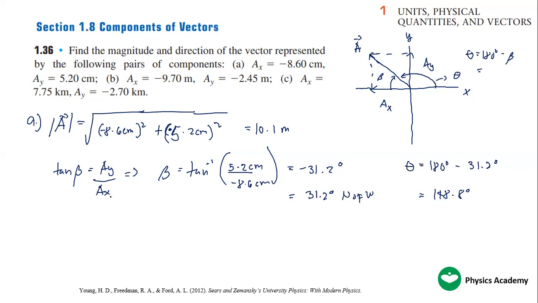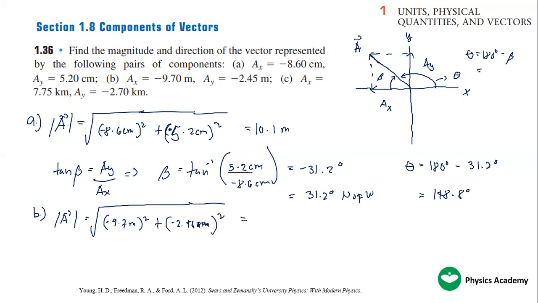For letter B, again, the magnitude of your A is just equal to the square root of negative 9.7 squared plus your AY negative 2.45 squared.